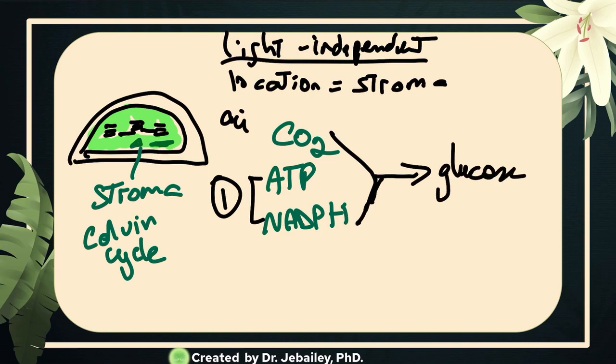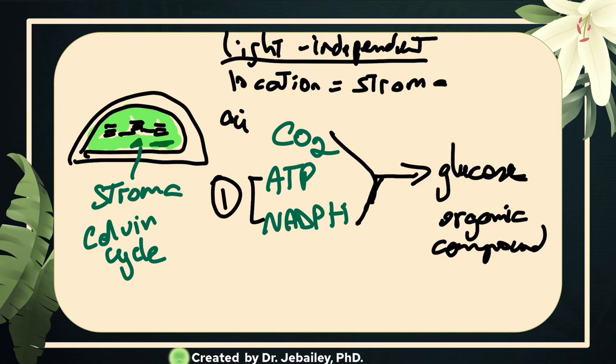Glucose. Now, glucose, of course, it is the organic compound that you use to eat. So the whole point of photosynthesis was to produce glucose. So the first process was just to convert the sunlight into ATP and NADPH. And then the second process was to take ATP and NADPH with CO2 to make glucose. That's what light independent is about.